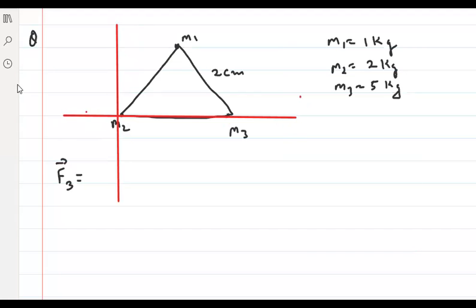Okay, because obviously when you're talking about vectors, there should be a coordinate system. Yes or no? Tell me, guys.